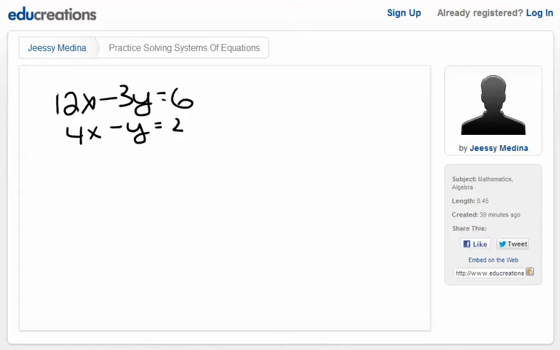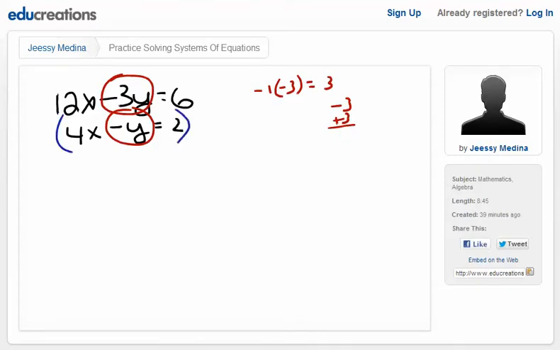I'm going to go for elimination because I see the minus 3y, and then I see the minus y. And that minus y, if I multiply it by a negative 3, I get a positive 3. And minus 3 plus 3 is 0, which is what I'm looking for to eliminate. So I'm going to take the bottom one and multiply by a negative 3.